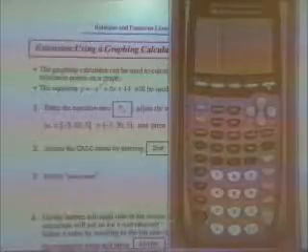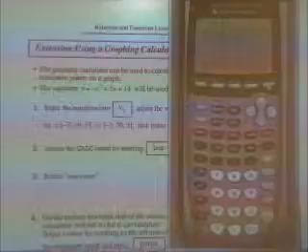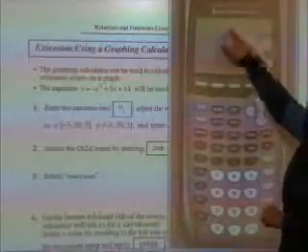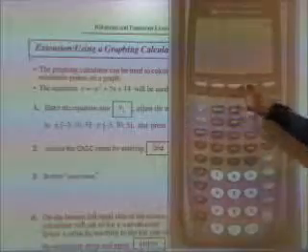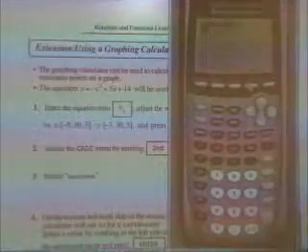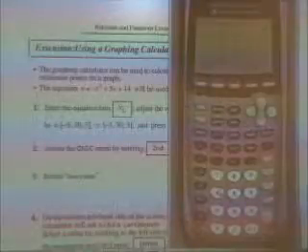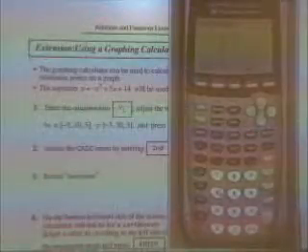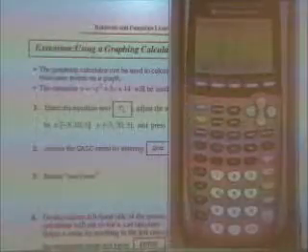I get this quadratic. And what I want to know about the quadratic is its maximum point, right here. The way that I do that is I go back to that calculate menu. And it's choice number 4, not number 3. This is the maximum point. When you press that, you get left bound, right bound.